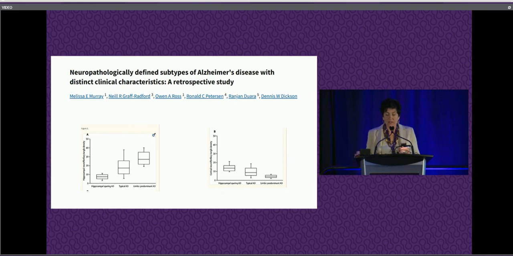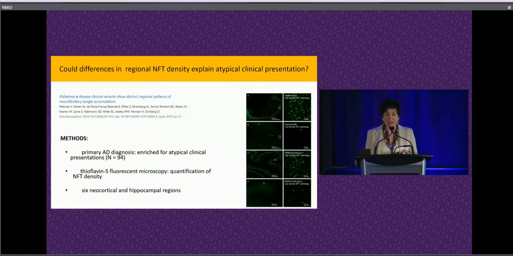So we tried to take this idea to our cohort at UCSF, which is a little bit different from Dr. Murray's cohort from before, because these cases are deeply phenotyped, especially we know well if they are atypical or not, because they were followed up in the clinic.